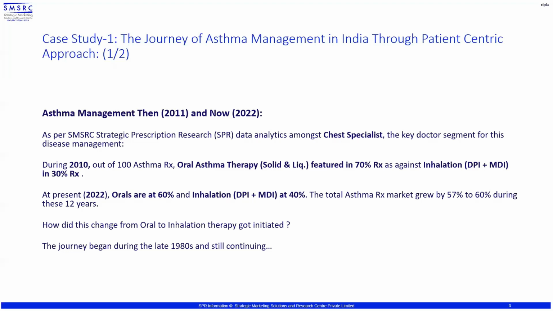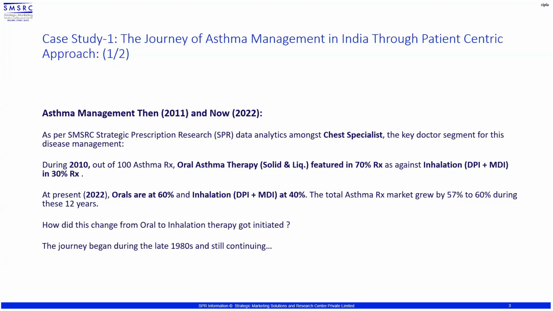And the total asthma market has grown by 57 to 60% over the last 12 years within this same methodology. That means in reality, the asthma market in terms of sales, not value, unit sales, must have grown by at least 4 to 5 times during these last 12 years.